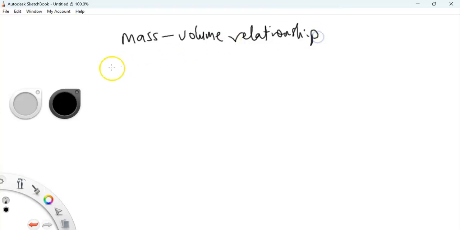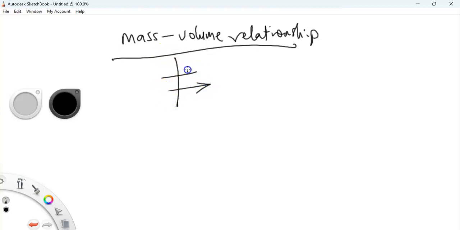So for you to know this, you have to have in mind the concepts I mentioned yesterday: mass, molar volume, concentration, Avogadro constant.